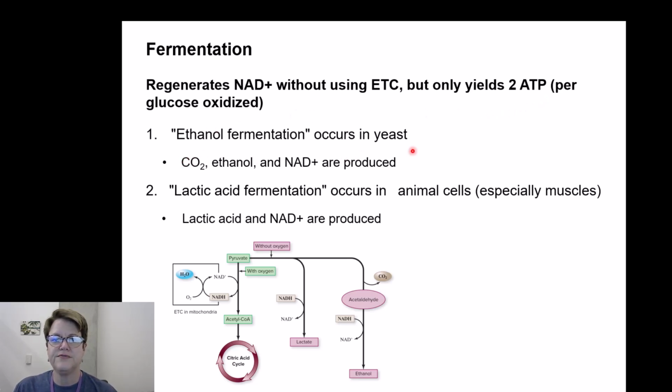There are a couple of types of fermentation. Yeast do what's called ethanol fermentation. Ethanol is a product; it's the type of alcohol that you can drink. For the yeast, the ethanol is really a waste, because the yeast is just trying to regenerate its NAD+, and the ethanol is the byproduct of that.